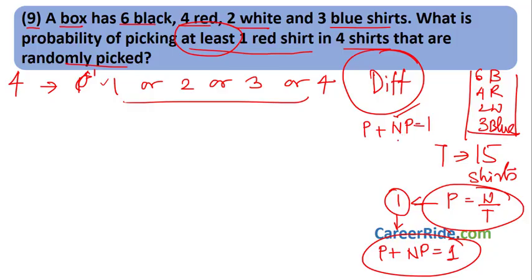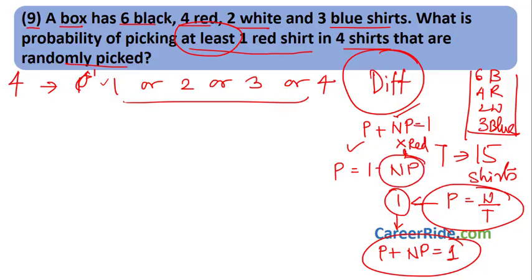Only when you choose no red shirt at all can we say there is not even one red. So the probability of choosing at least one red shirt is 1 minus the probability of choosing no red shirt at all.